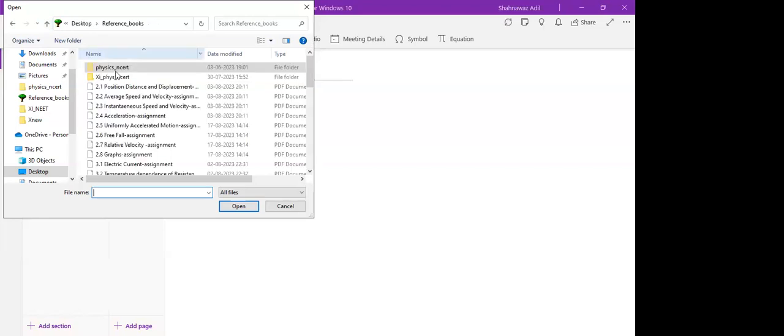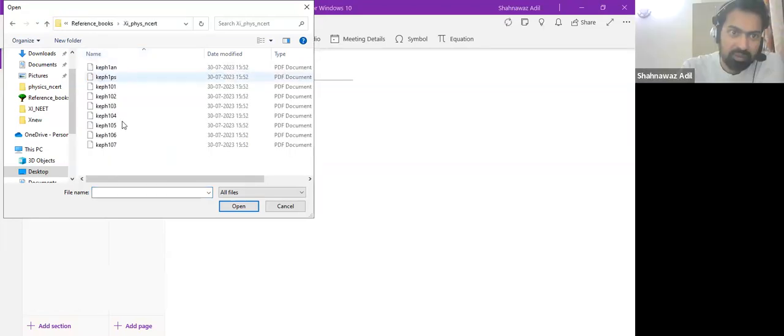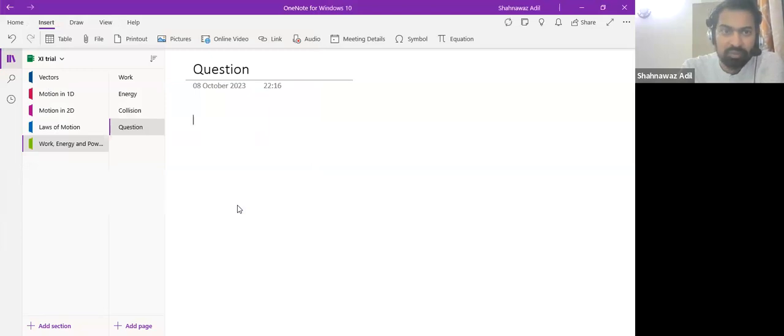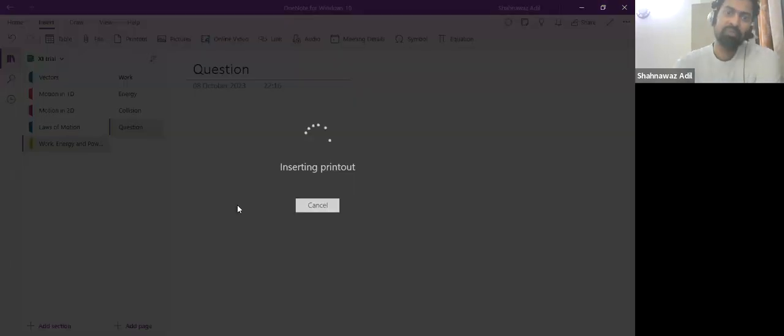Whenever you have a PDF, you just insert it by printing it out, right? When you upload the file, then this would not appear, right? In PDF form, when you upload the file, it will not appear. Yes, sir.